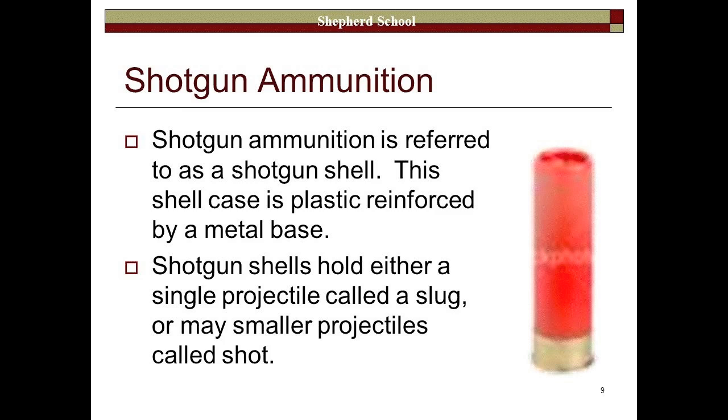A shotgun round is called a shotgun shell, and generally it's a plastic case reinforced with a metal base. Even though you can find some that are metal and some that are paper, most modern ones are plastic. Shotgun shells can either hold a single projectile or lots and lots of smaller projectiles called shot.